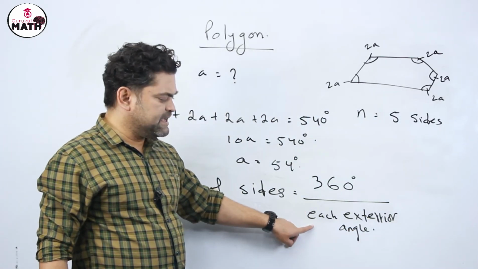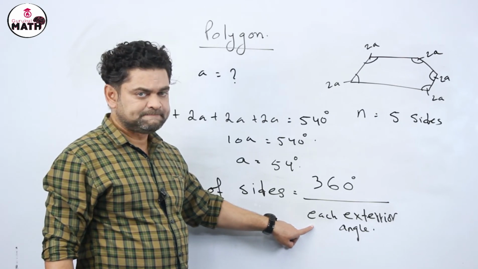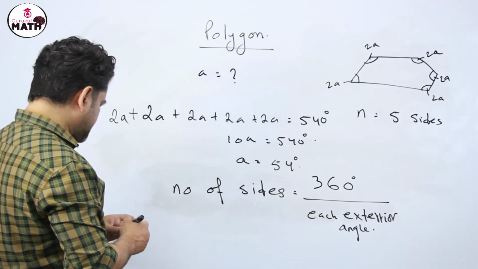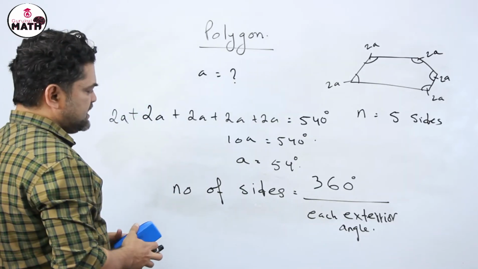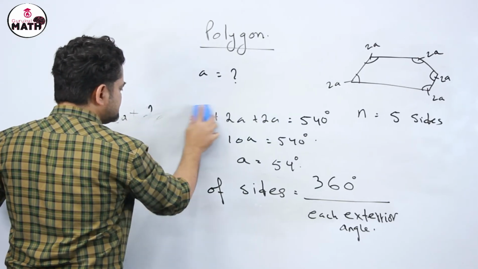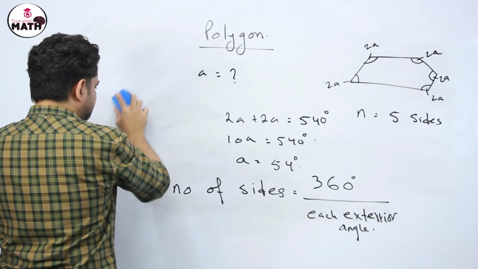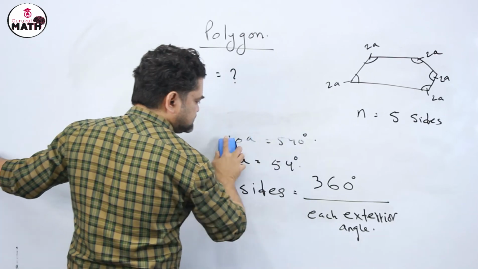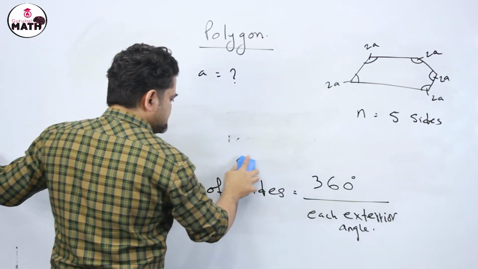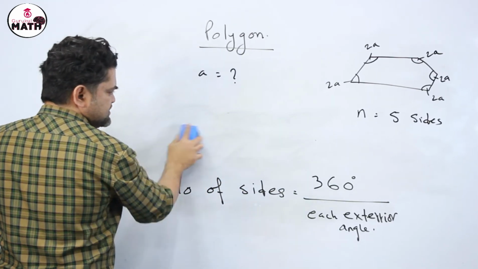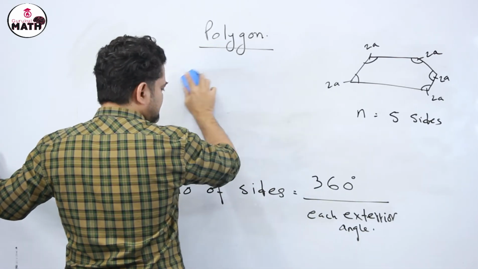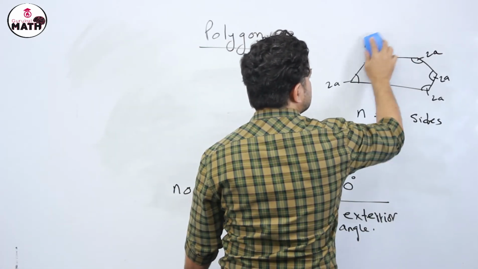360 degrees divided by each exterior angle. So if I know the exterior angle, then I can easily find out the number of sides. So let me rub it, no problem. So I'm showing you another problem, how I'm going to find the sides.